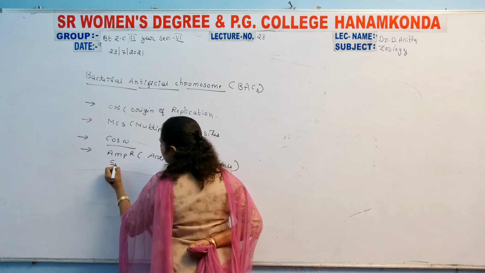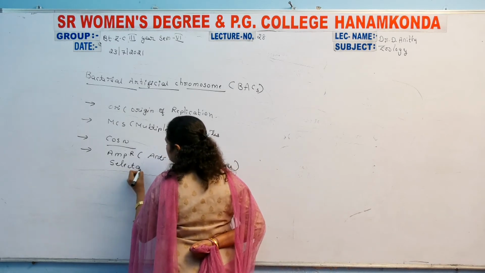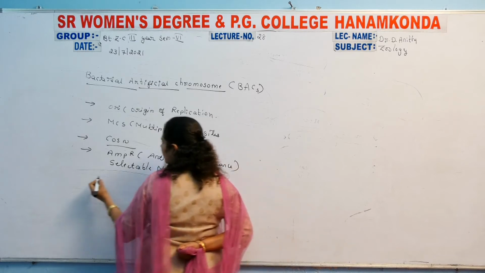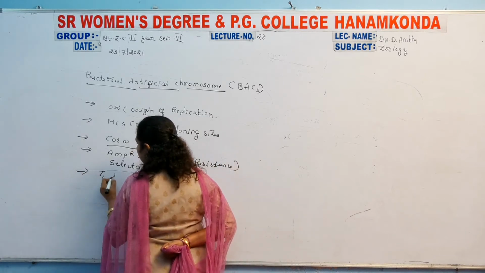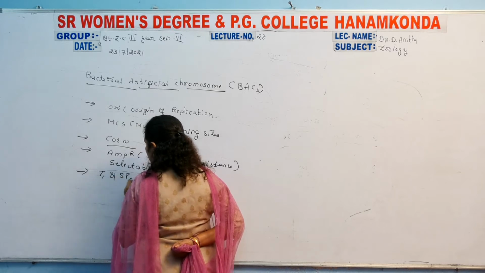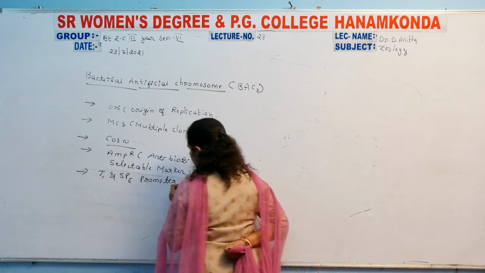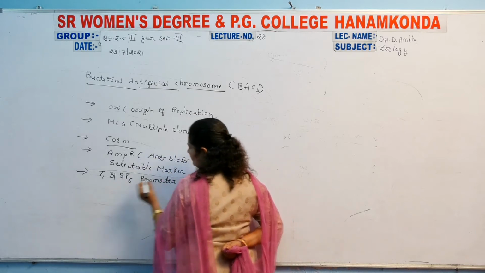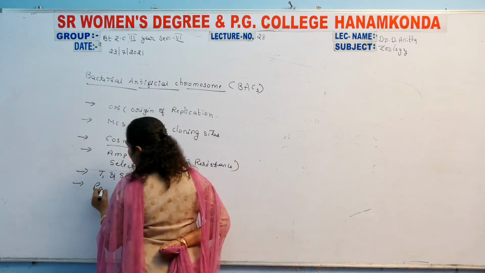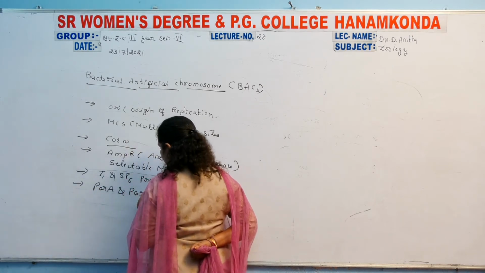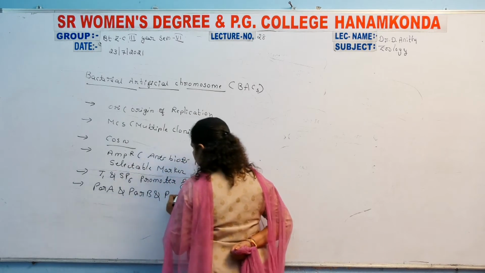It also contains the T7 and SP6 promoter genes, and parA, parB, and parC.